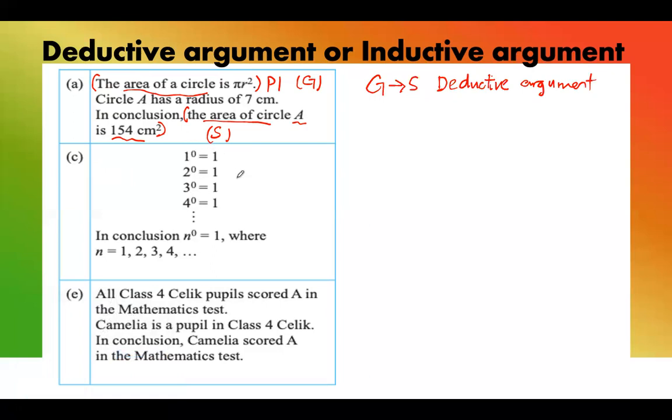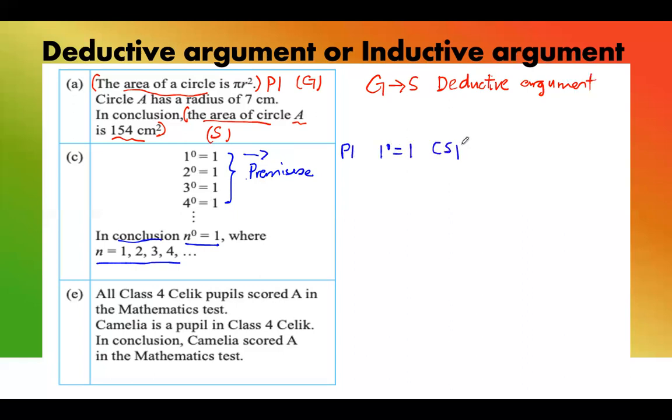Now we go to C here: 1 to the power 0. These are all called premises. A premise is a statement: statement 1, statement 2, statement 3, statement 4. The conclusion is n to the power 0 equals 1, where n equals 1, 2, 3, 4. Our premise one is 1 to the power 0 equals 1.